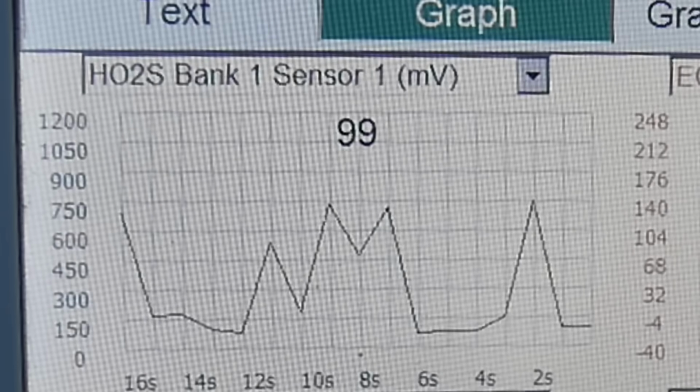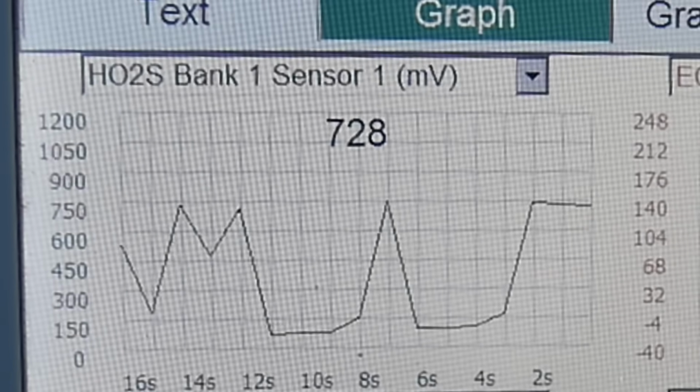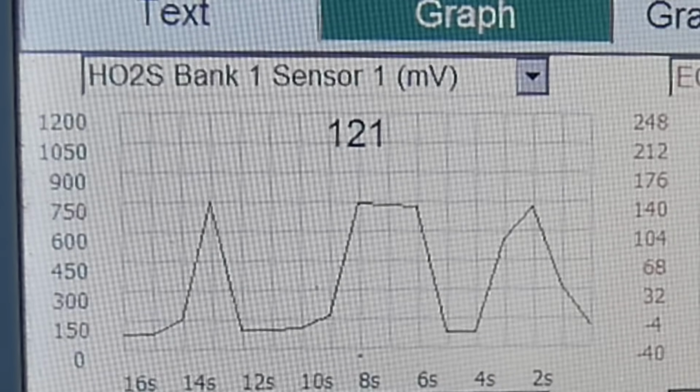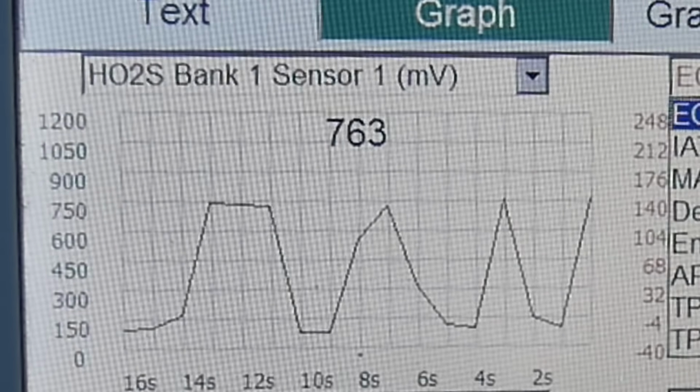And when your engine is running at stoichiometric, your oxygen sensor, if you were to look at it on a graph, will be oscillating from 0.1, 0.2 to about 0.8 volts, and that indicates that the air fuel mixture is correct according to your car's computer.